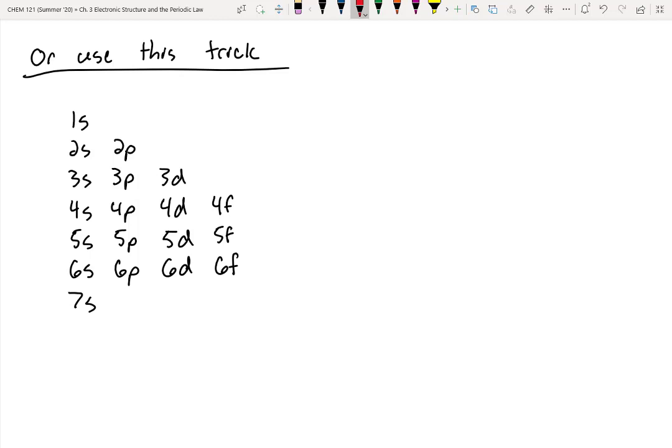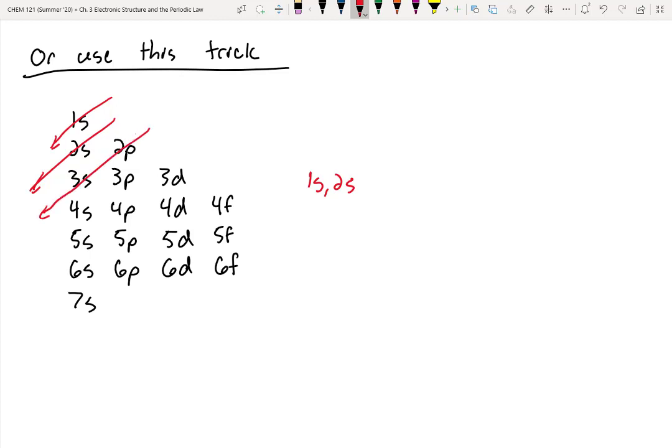All right, so now what we want to do to predict orbitals is fill in our diagonal lines. So first we go through 1s. I'd say, all right, we've done a diagonal line. Then next we go through a diagonal line that way, so we'd say it's followed by 2s. And then, all right, next diagonal line.